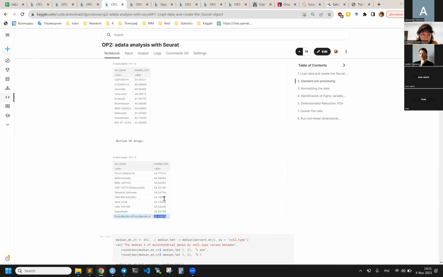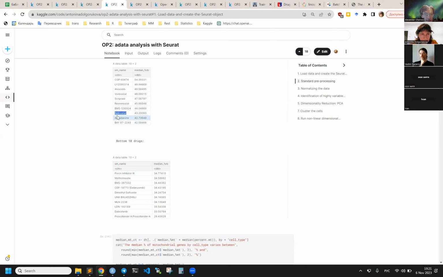And we see this CGP drug: cells treated with this drug have the highest percentage of ribosomal genes. Interesting. If you know something about these drugs... The two drugs which are positive controls, are they here on the top or not?